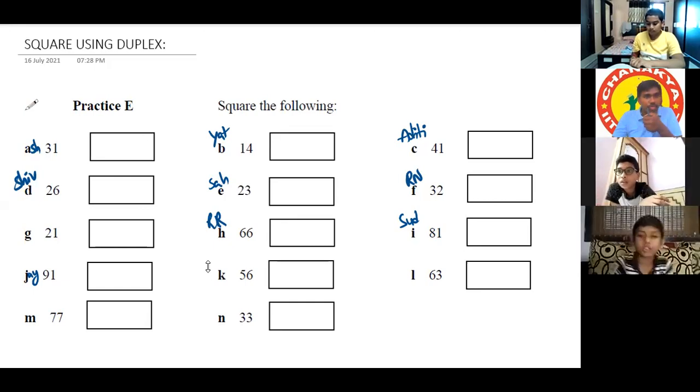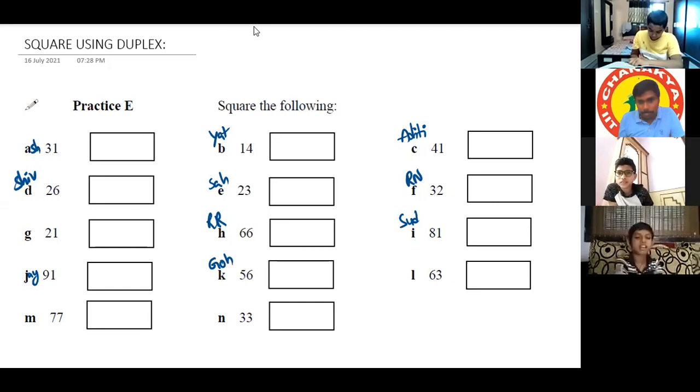Ahana N, Gohit K. Then Srishti is there. L, Srishti.